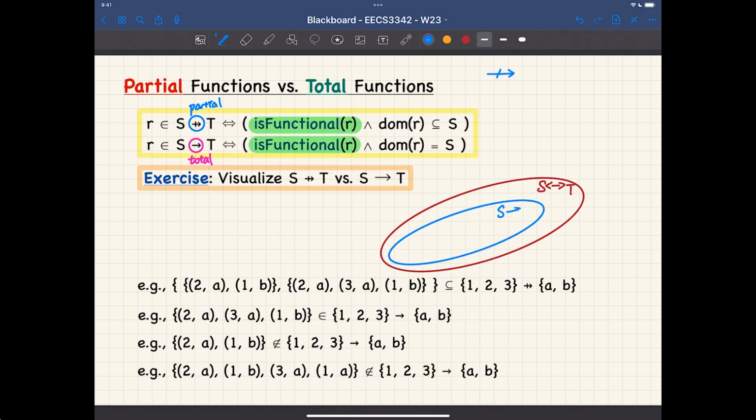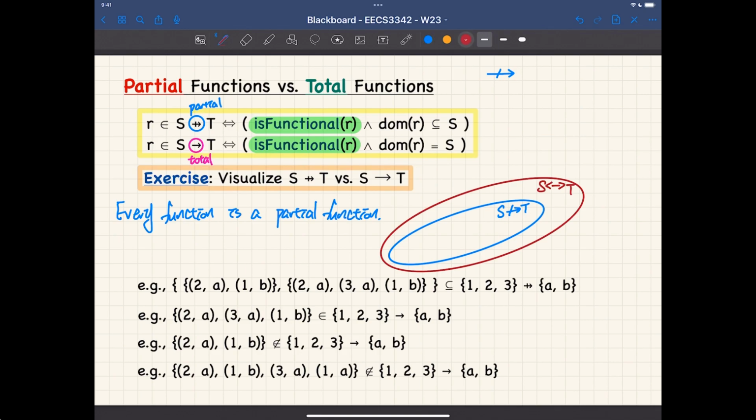S partial T. This might sound a little counterintuitive because partial sounds like a special case. Not really. Okay, every function is a partial function. Every function is a partial function. Okay, that's really important to remember.